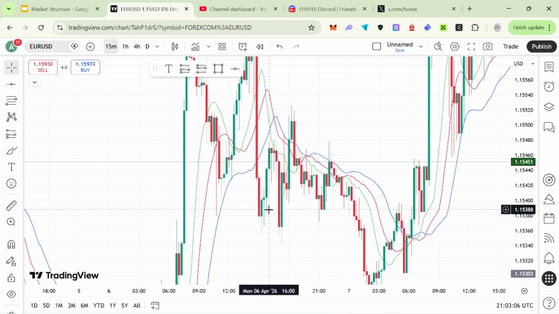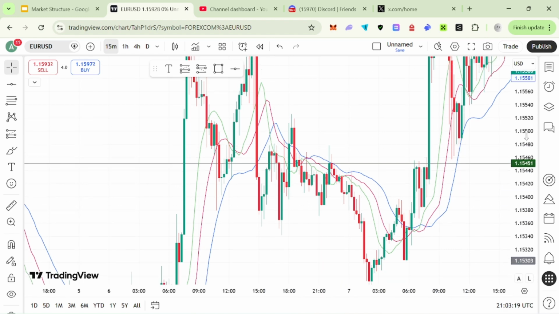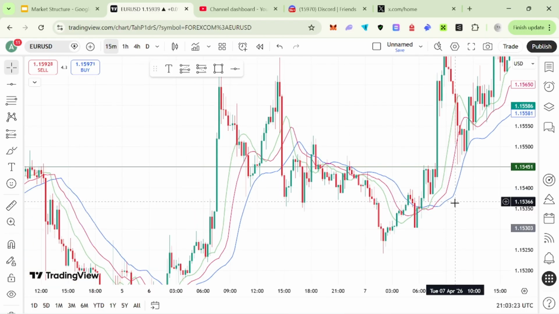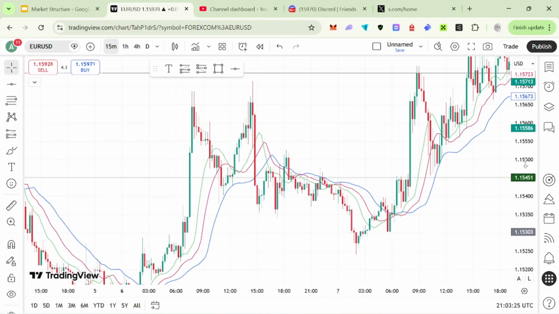But I just wanted to show you what it actually looks like using supply and demand after getting your candlestick pattern. I also need you to understand that it's very much okay to only get into your trade with your candlestick patterns. It doesn't change anything.